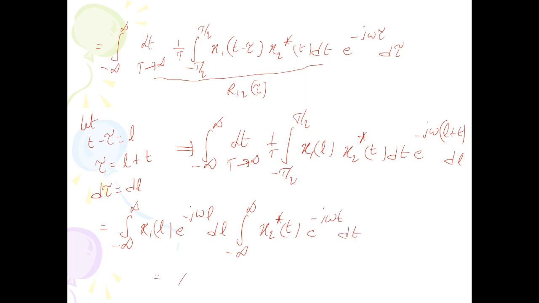So this is nothing but x1 of j omega into x2 star of j omega. So R12 of tau will have the Fourier transform x1 of j omega and x2 star of j omega.